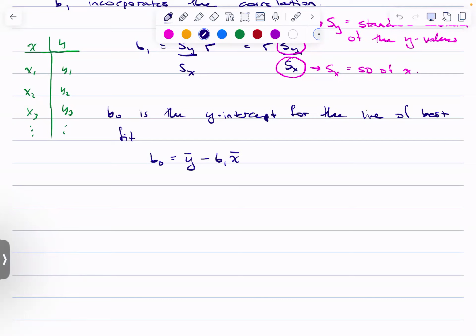I'm really hoping I didn't reverse those two. I'm going by memory, so I'm clearly avoiding the formula for the correlation. It doesn't matter.